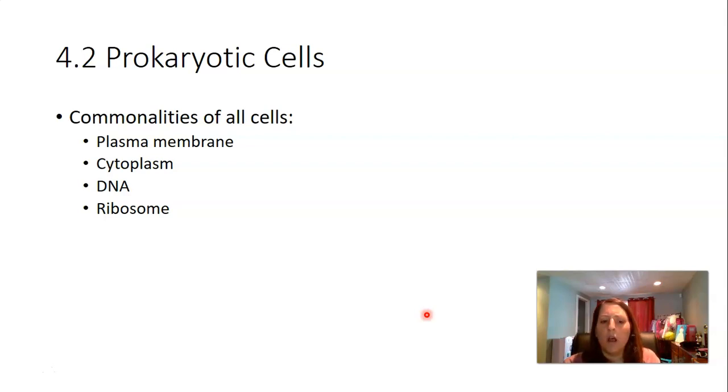Okay? Third, and this is probably the most important on this list because sometimes students will get kind of hung up here, all cells, prokaryotic and eukaryotic, contain DNA. All cells contain genetic information. Now, the structure of that genetic information is different.